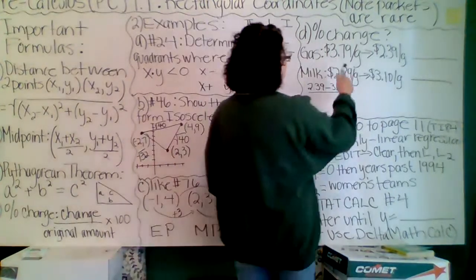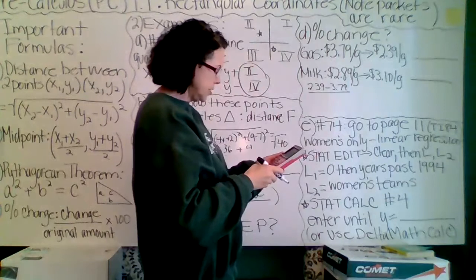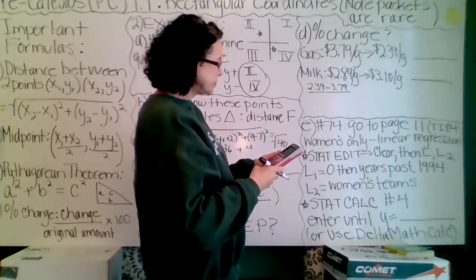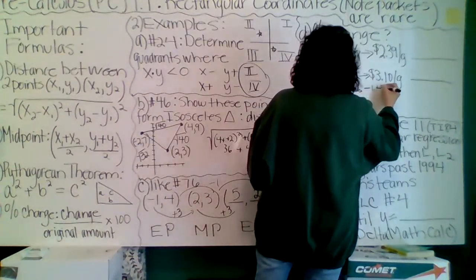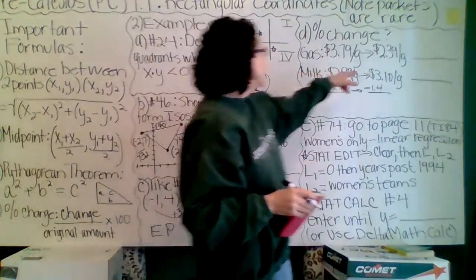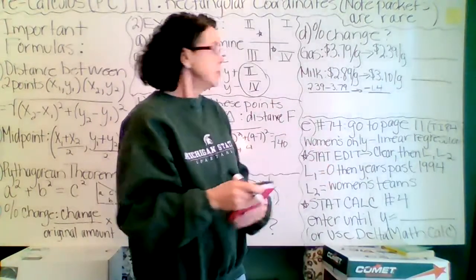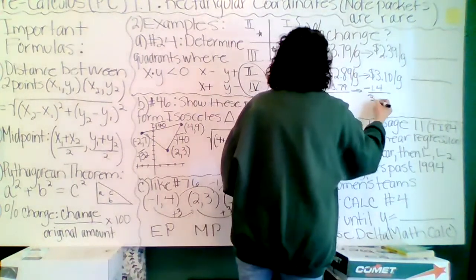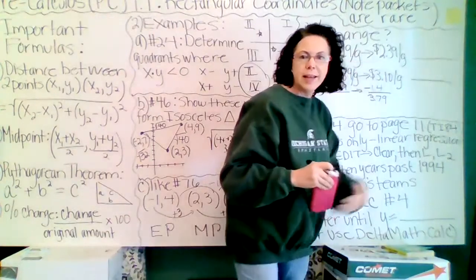And actually, it's almost like having 2 points. I'm going to do this value minus that value. Either way you want to do it, 2.39 minus 3.79 is a -1.4. You could also do $3.79 minus $2.39 and just recognize that it went down, so it must be negative, divided by the original amount, which was $3.79. I can see right here, it started here and then arrowed to that amount.